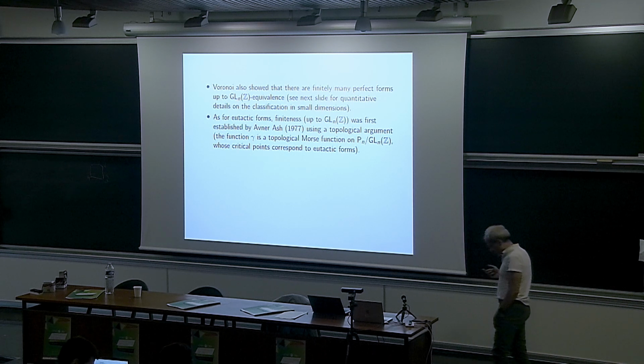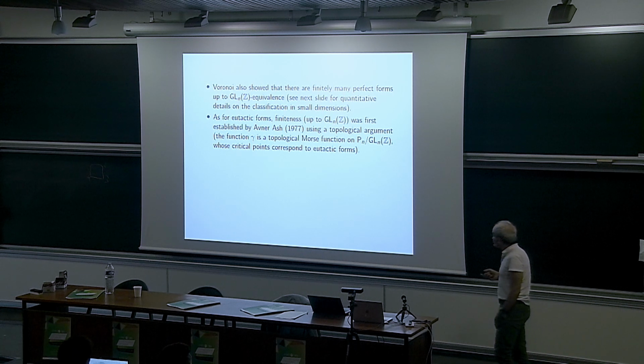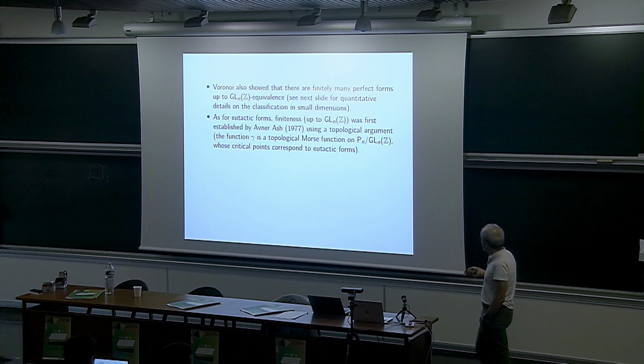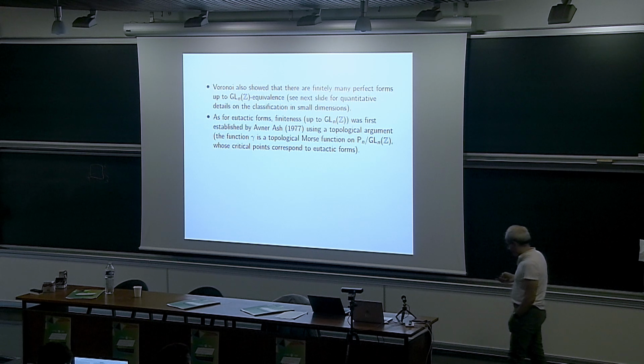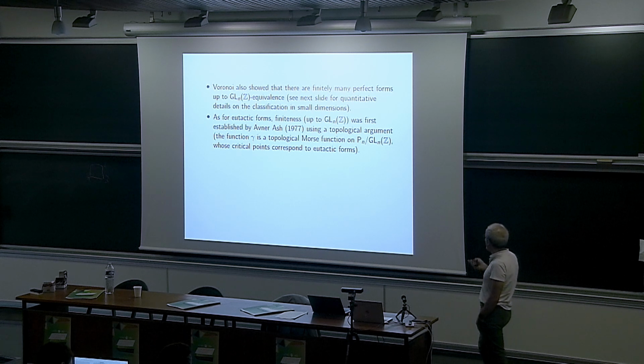And all proofs I know rely more or less on topological arguments, and the first who proved this was Avner Ash in 1977, using the fact that the density function is a topological Morse function on the set of positive definite forms modulo integral equivalence.